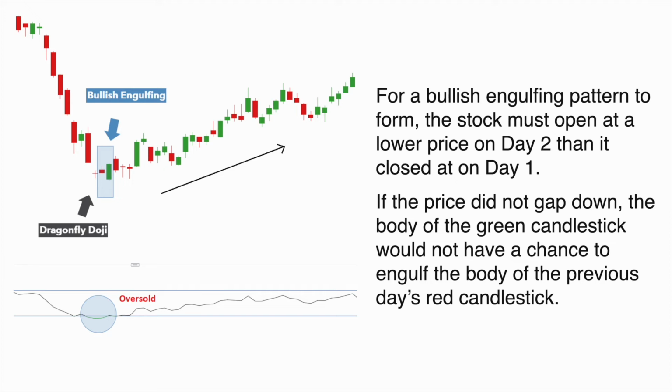If price didn't gap down, the body of the green candlestick would not have a chance to engulf the body of the previous day's red candle. As you can see, for the engulfing candle, the green one that engulfed the red one, the open was actually lower than the close of the previous red candle, as you can see in the diagram.